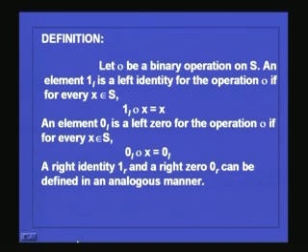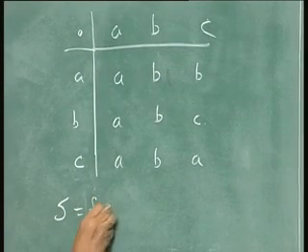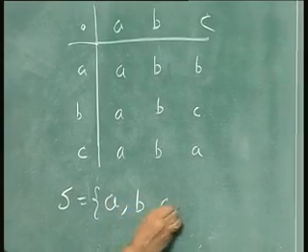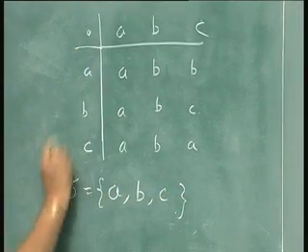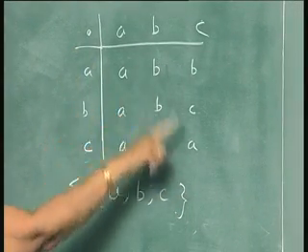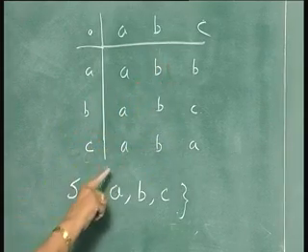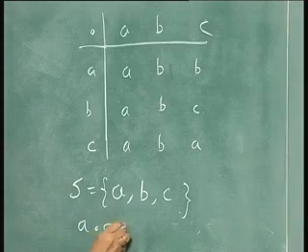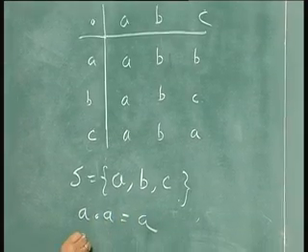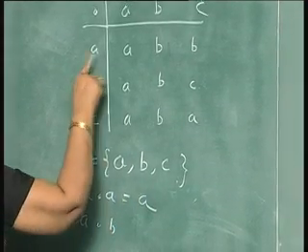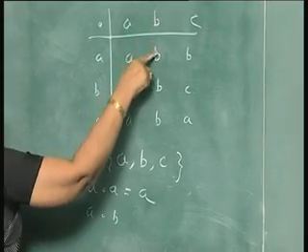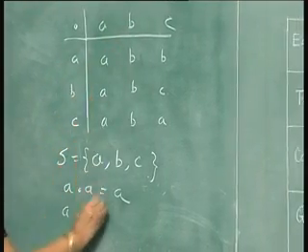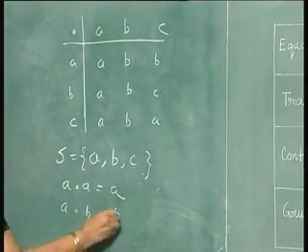So, this is when you have a table like this. Look at this example. You have 3 elements. The set S consists of 3 elements, A, B, C, and there is a binary operation dot which is given by this table. What do you understand by this table? A dot A is A, A dot B is B and so on.